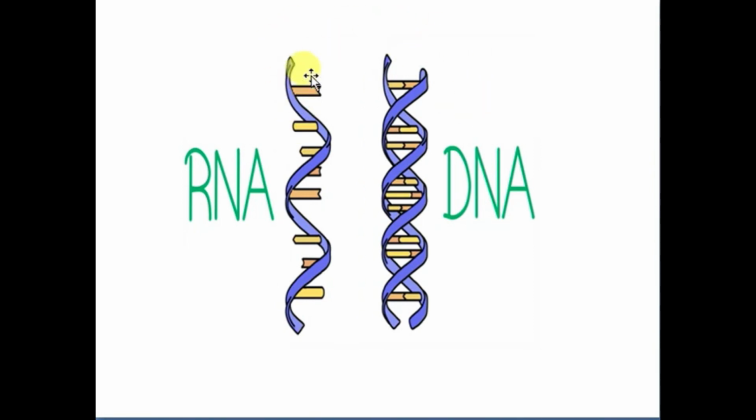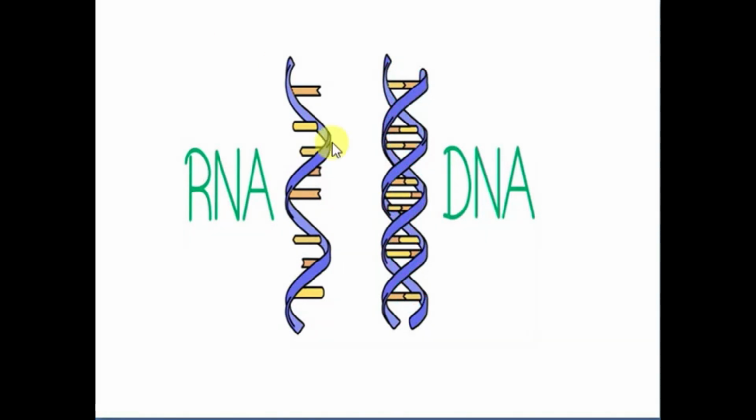Which you can clearly see here is that RNA is a single stranded structure, whereas DNA is a double stranded structure. The structure of DNA is also called the helical structure, because it is forming a helix like structure.